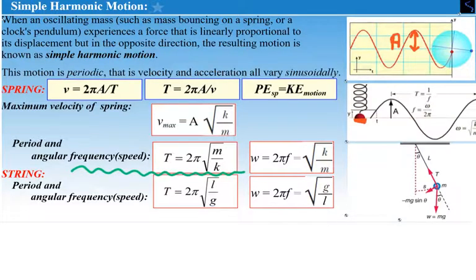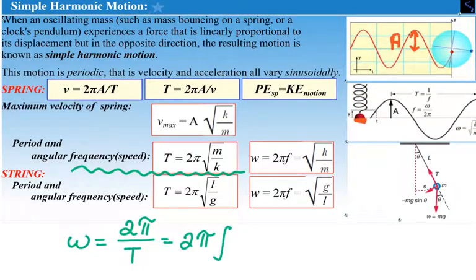We're going to look at the examples. And I also wanted to mention that angular velocity is equal to the angular distance, which is the angle 2 pi around the circle, divided by the time, the period. And I can rewrite this as 2 pi, and 1 over T is the frequency.